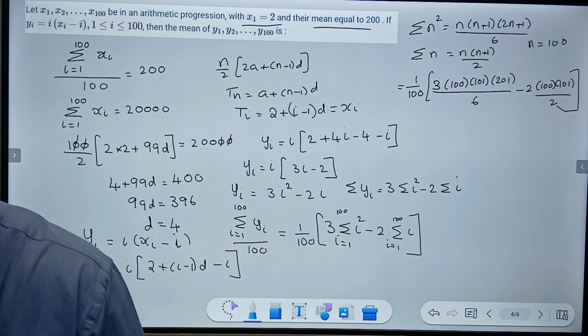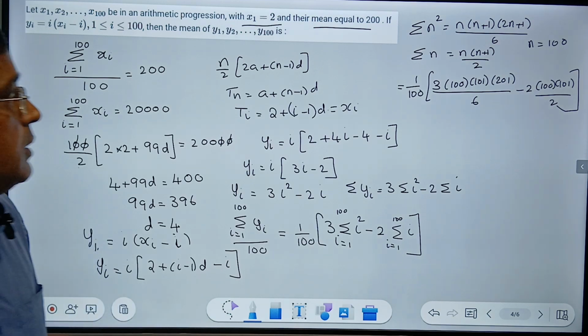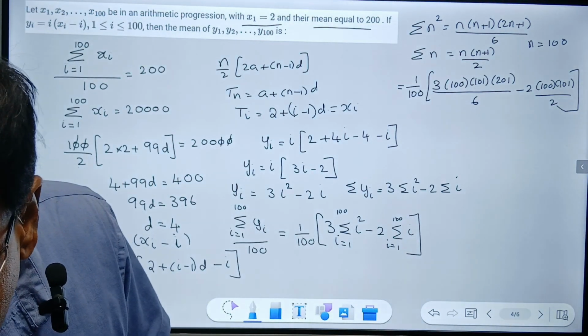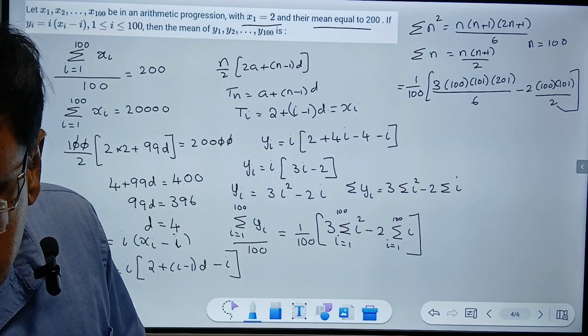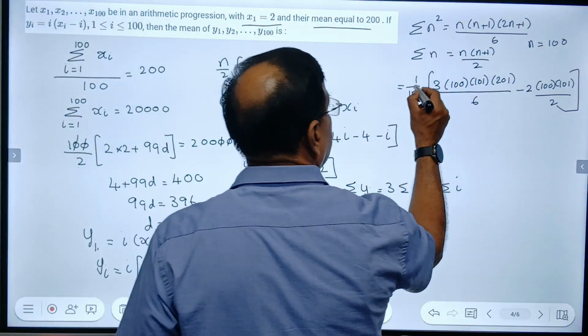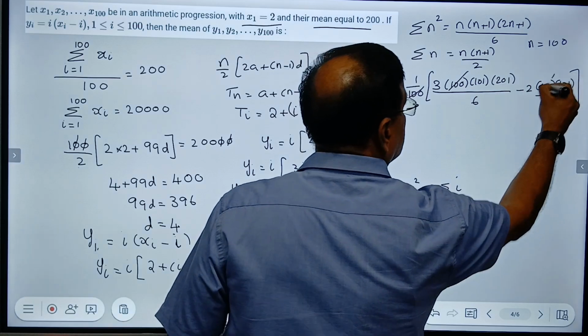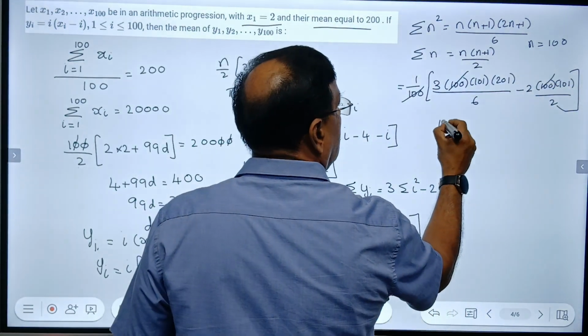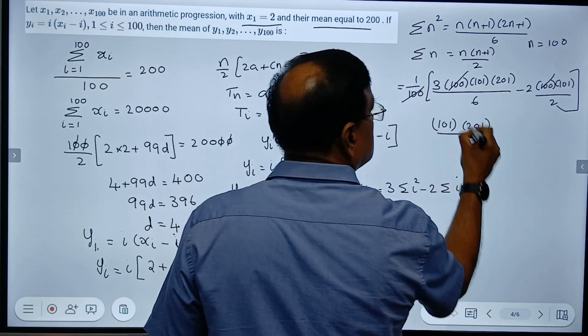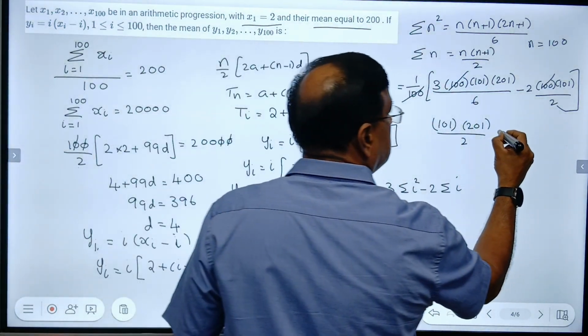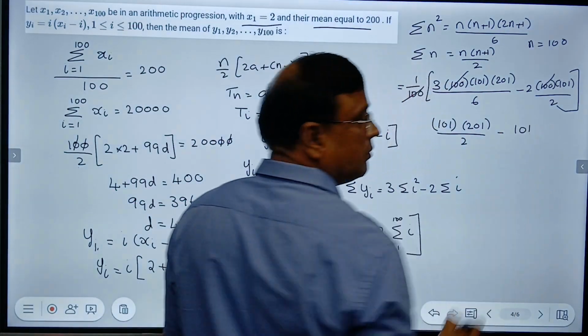If I simplify this, 100 can be cancelled throughout, correct? So it will be 101 into 201 by 2, because 3 and 6 get cancelled, minus 101.